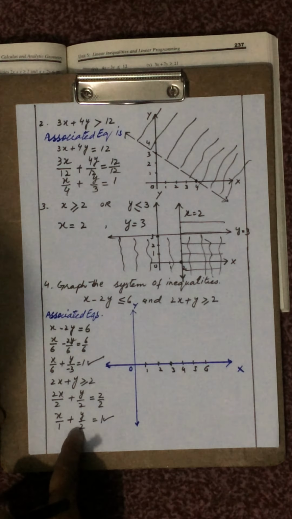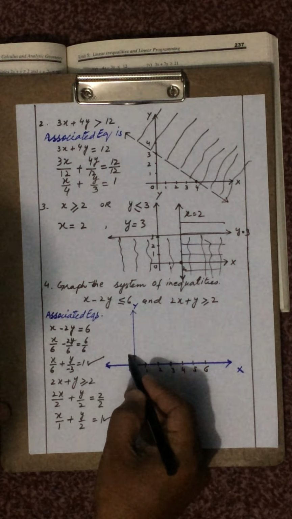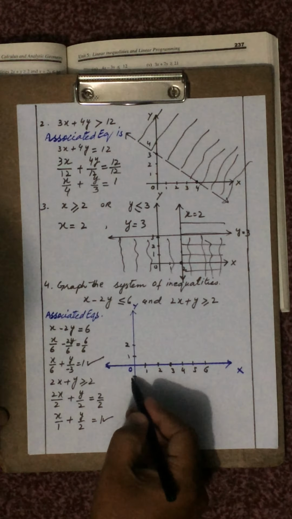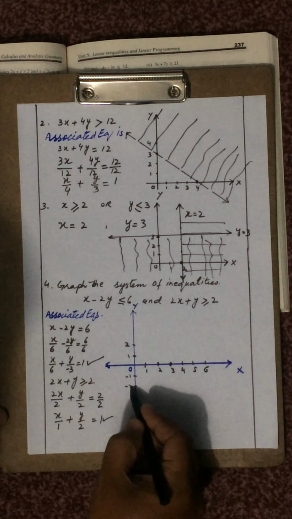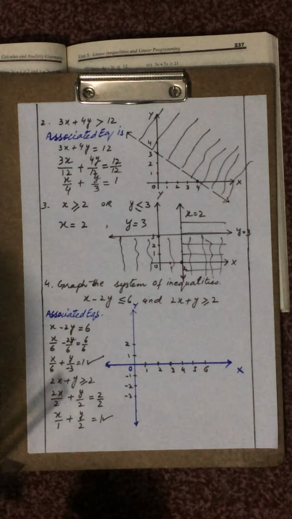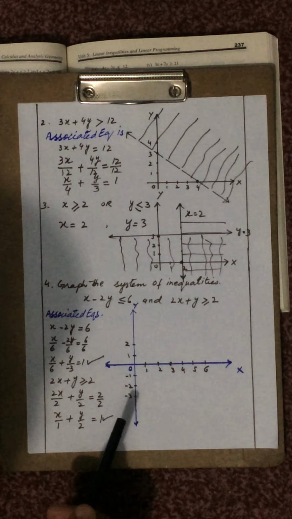We go upward 2 and downward minus 3. So 1, 2, minus 1, minus 2, minus 3. This is how we take the values on the x-axis and y-axis.